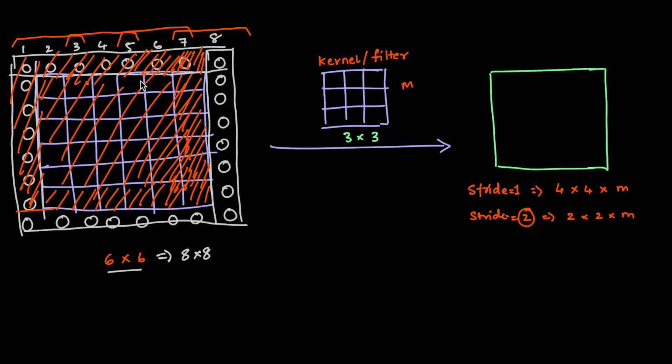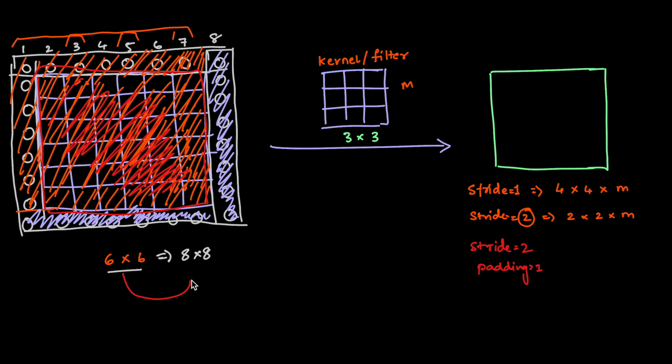According to this, what will be the output shape when stride is 2 and padding equal to 1? If padding equal to 1, what will happen? Our input shape will become 8 cross 8. On 6 cross 6, if we apply padding of 1, then we'll be adding zeros on all the sides, which will make our input shape 8 cross 8. And on this 8 cross 8, we'll be applying the same operation as when stride equal to 2 over here.